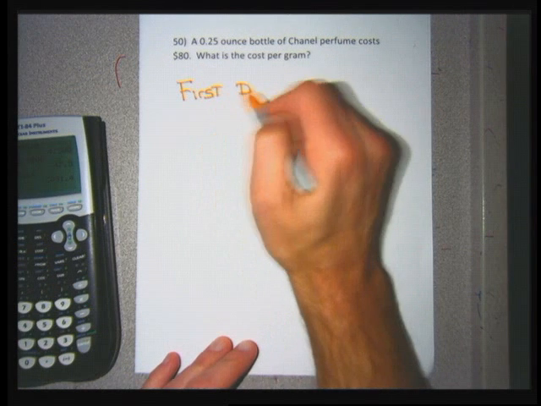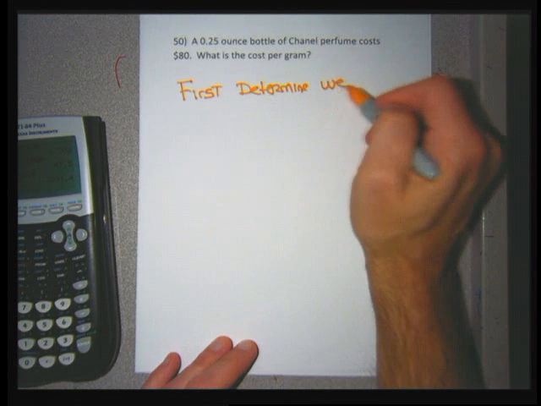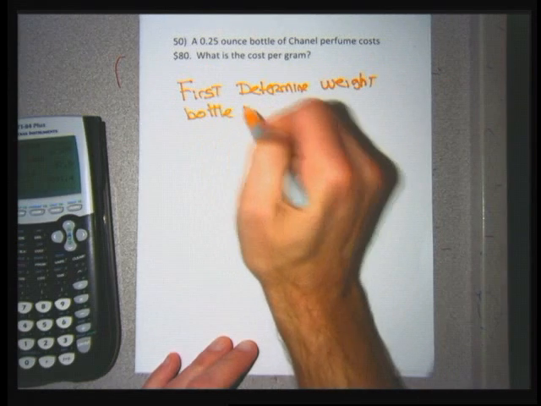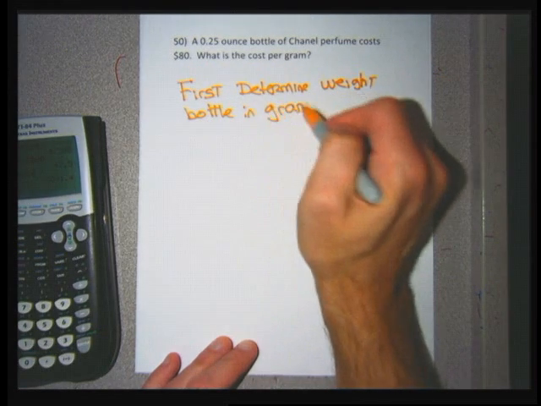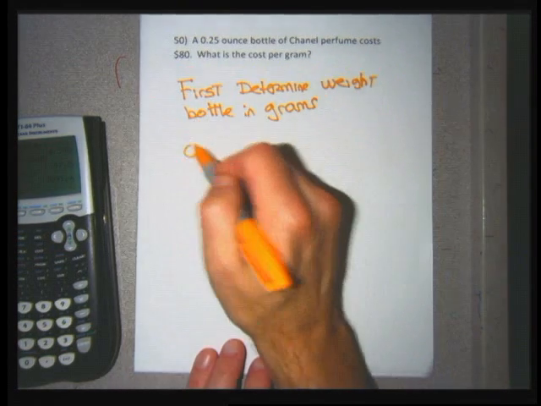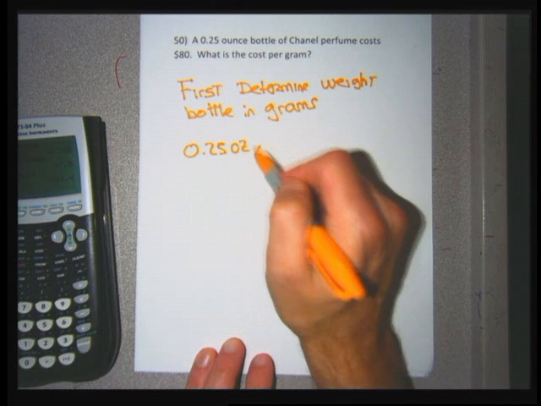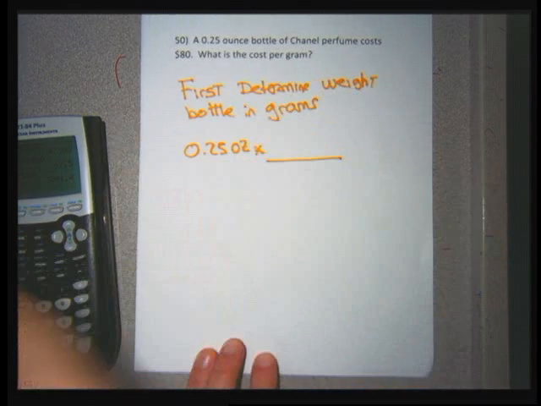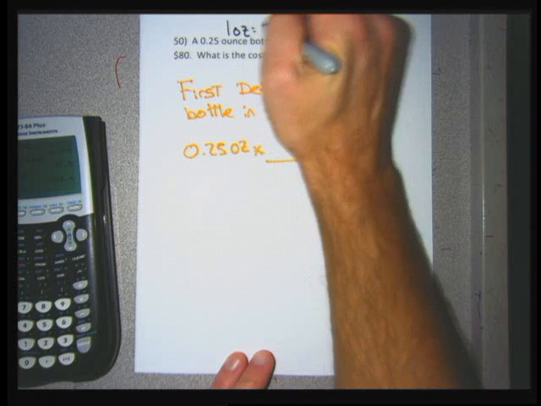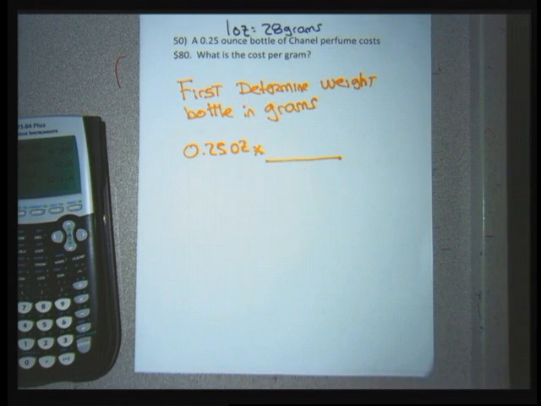So first I'm going to determine the weight of the bottle in grams. I'm going to ignore the $80 for a while. The bottle weighs 0.25 ounces, and I want to find the weight in grams, and I'm going to use the unit that says 1 ounce is 28 grams, which I took from the table on page 461.